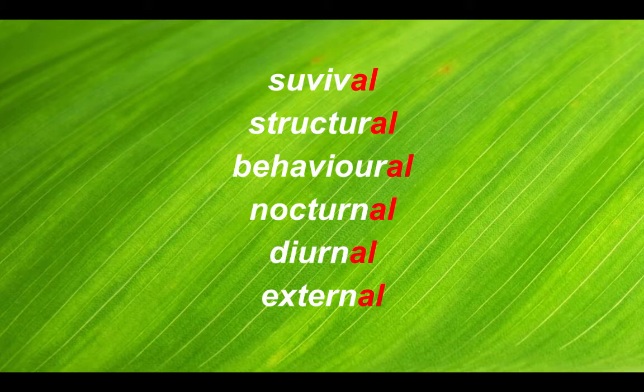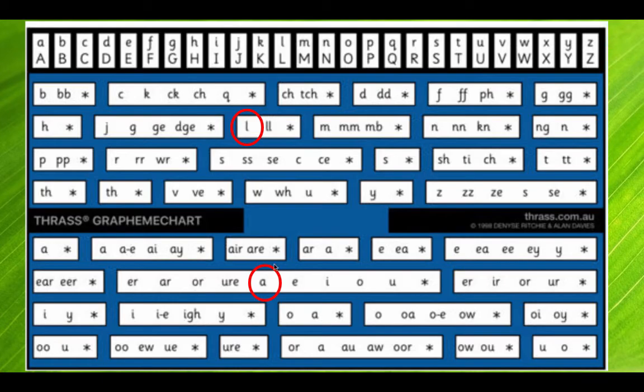Survival, structural, behavioural. You can hear this ul sound at the end, and it's made of these grapheme choices. The first grapheme choice is the letter A, making the phoneme sound from the schwa box, and the ul, the grapheme choice of a single L from the consonants in the THRASS chart.